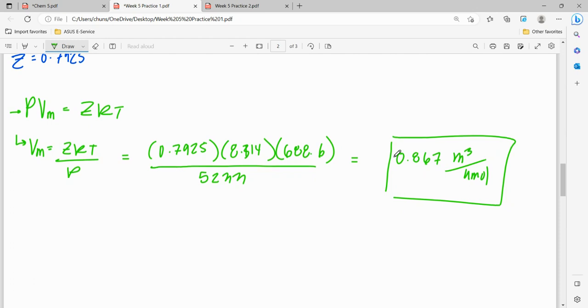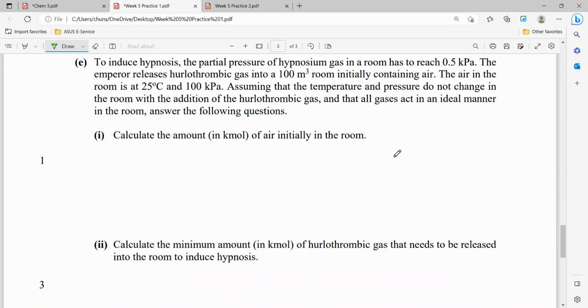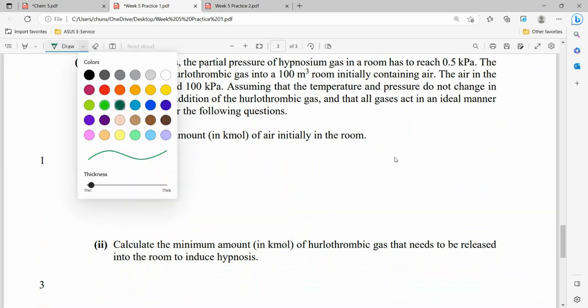Moving on, we're now given different conditions for the same kind of values that we started with. To induce hypnosis, the partial pressure of the hypnosium gas has to reach 0.5 kilopascals. That means if you separated all of just the hypnosium gas from the mixture, it would produce that pressure. So in a 100 meter cubed room at 25 degrees Celsius and 100 kilopascals, we are first asked to find the amount of air initially in the room.